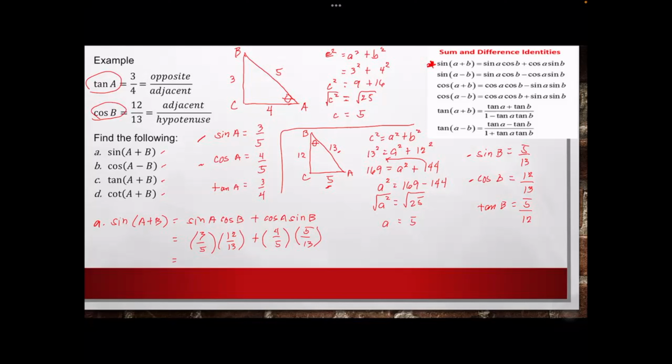Okay, so that's the answer. So, magkakaroon tayo dito ng 56 over 65.